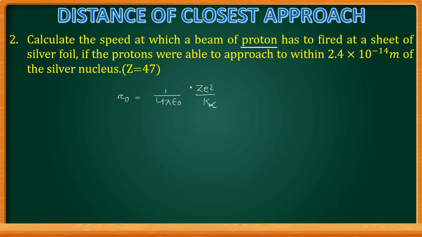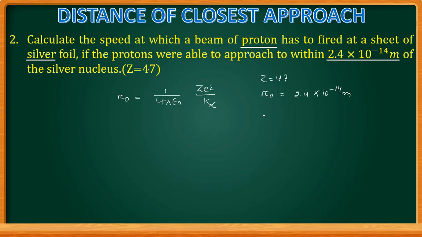A silver foil means Z is 47. Then R naught is given, 2.4 into 10 power minus 14 meter.